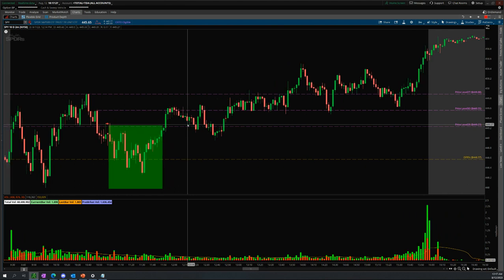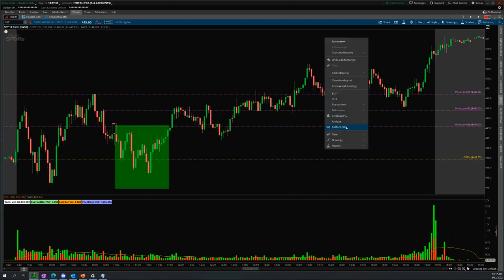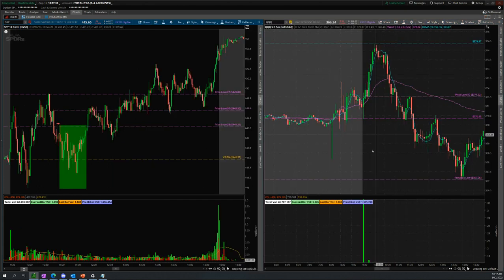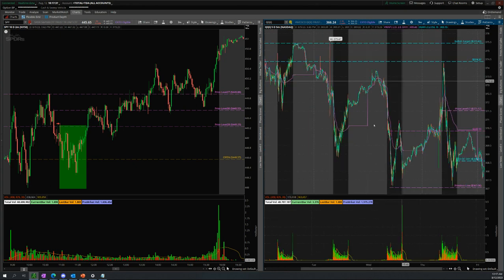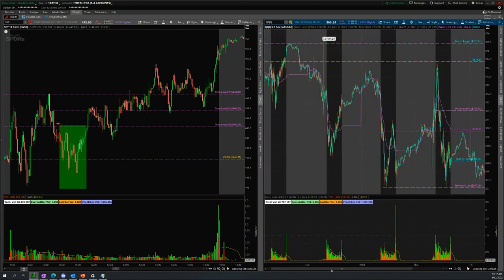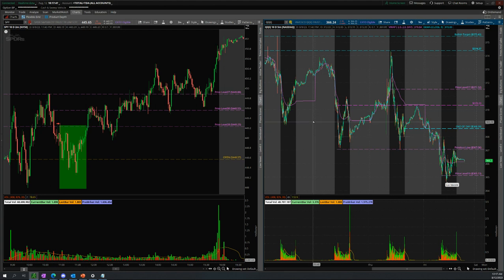I think QQQ gave us a really good demand rejection from the previous day. From Friday. So basically, it created a demand zone with a lot of volume in the last like 10 minutes of the day, and it also provided a good end of day rejection and low of day rejection, which could have given you confirmation.